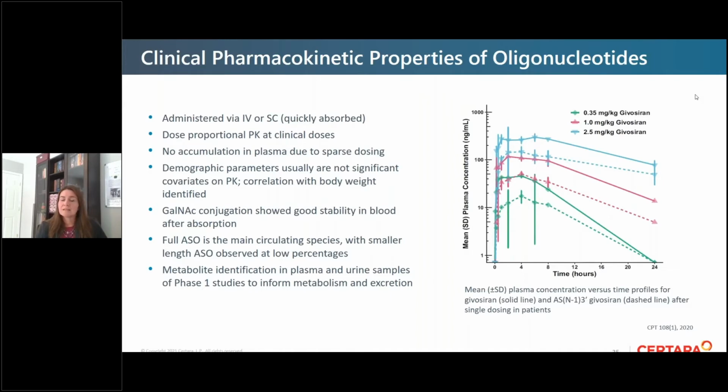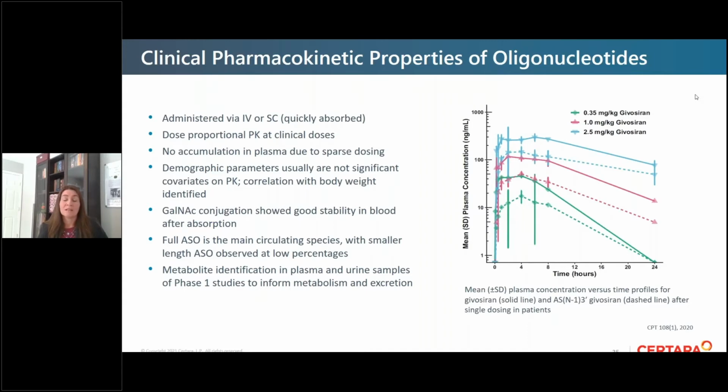But in this case, the main metabolite for givosiran was actually present in a good amount, about 35 to 75% of the parent across the different dose ranges that were investigated. So it is important that during phase 1, you do some investigation in terms of the parent, the presence of the metabolite, and the magnitude of how much metabolite is present relative to the parent.